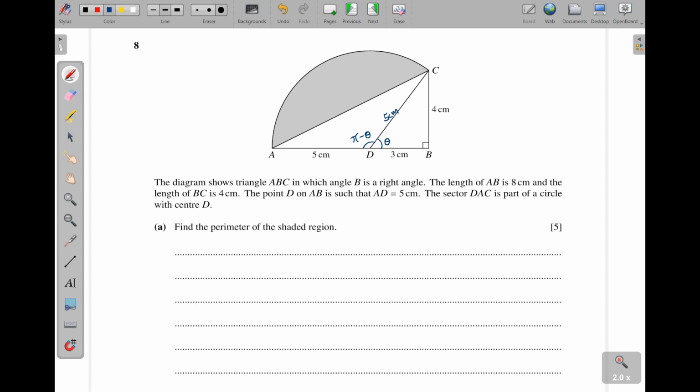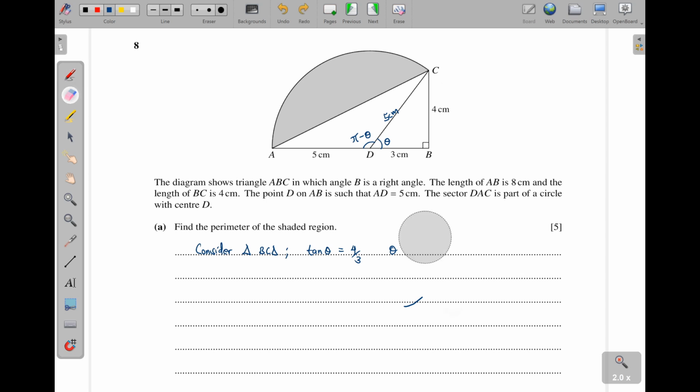Now, consider triangle BCD, this one here, we can get the angle here. So using SOHCAHTOA, I'll get tan of that theta is equal to 4 over 3, opposite over adjacent.